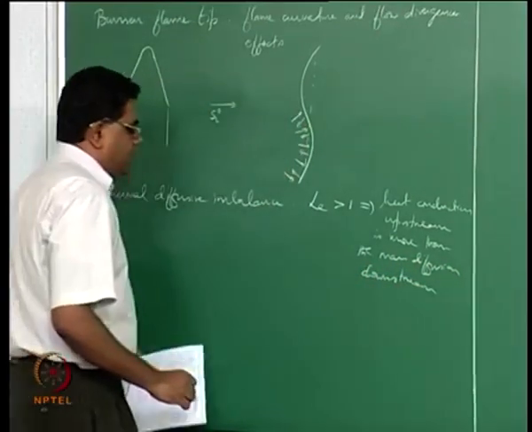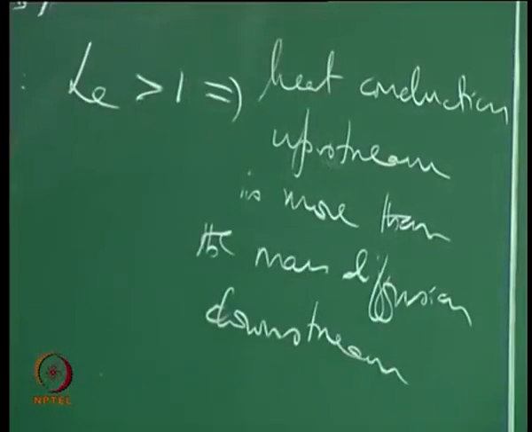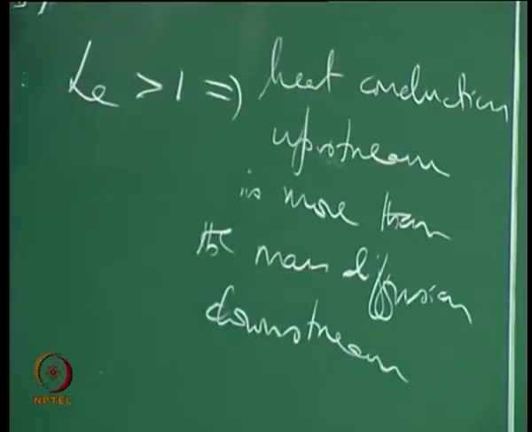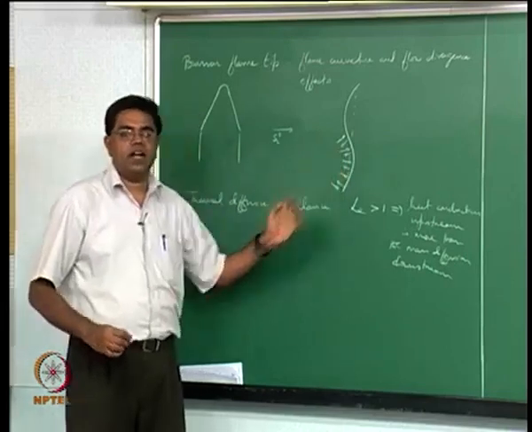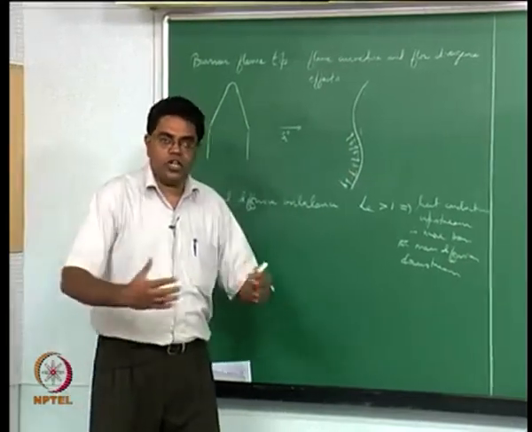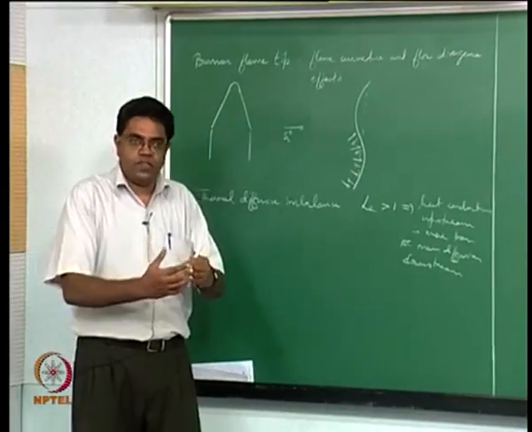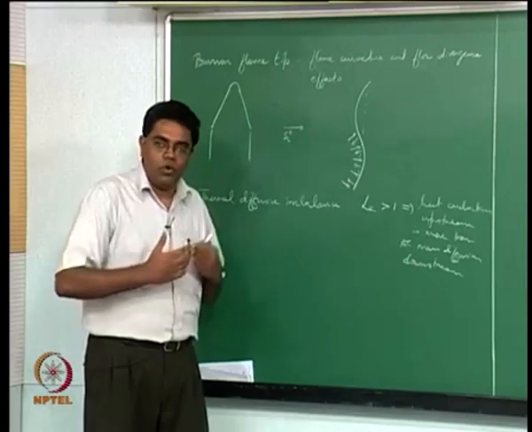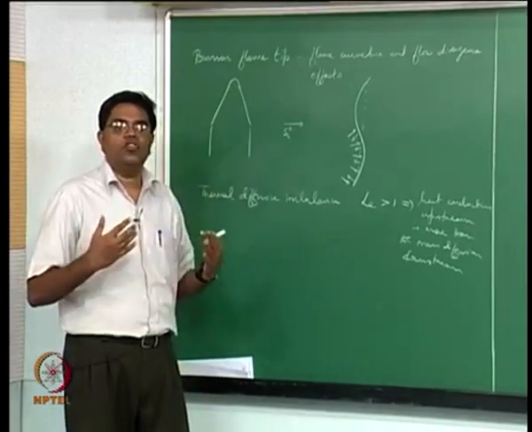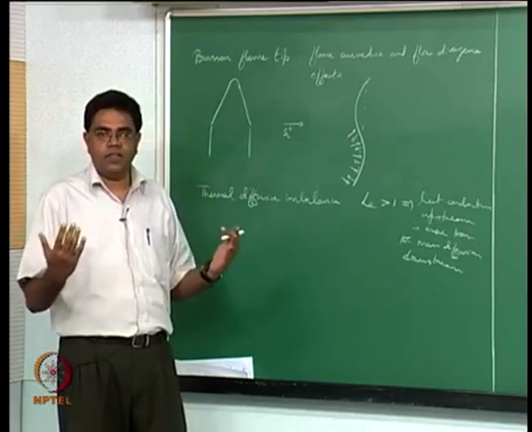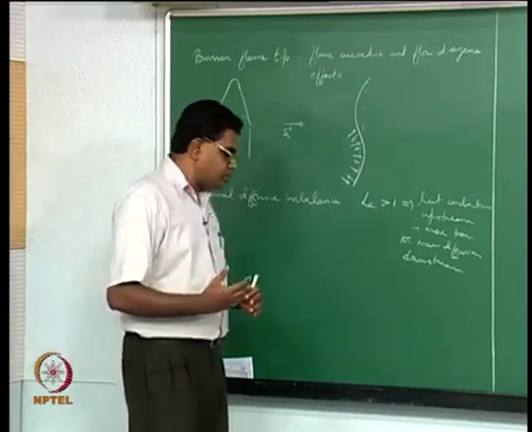That means the species depletion effect is not going to be as significant as the focused heat conduction, which means that the flame is actually going to propagate more vigorously, or there is going to be a net effect of increase in the flame speed, alright.